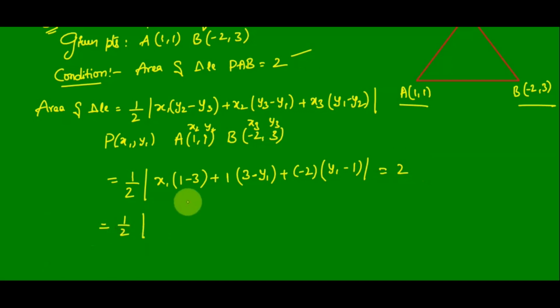Half mod of x1, see here 1 minus 3 is -2, so -2 into x1 is -2x1, plus 3 minus y1, right? 1 into this is the same thing, then -2y1, and again -2 into -1 is plus 2, mod equal to 2.